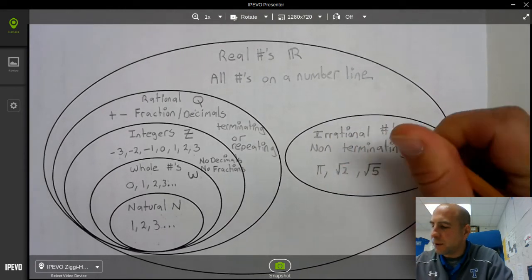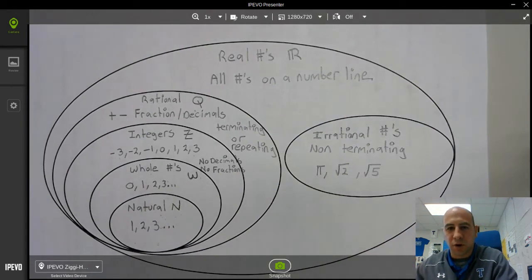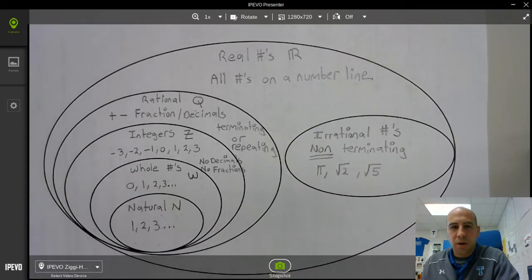So if you put these numbers in your calculator, you'll see that the decimal doesn't terminate. It just keeps going on and on forever. Now, the calculator's programming is limited, but if you were to get a supercomputer and put in square root of 2, the decimal is just going to go on and on, and it's not going to be repeating. All right, so that is all the numbers in the world.